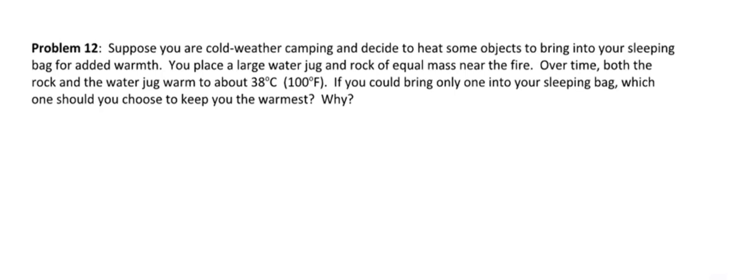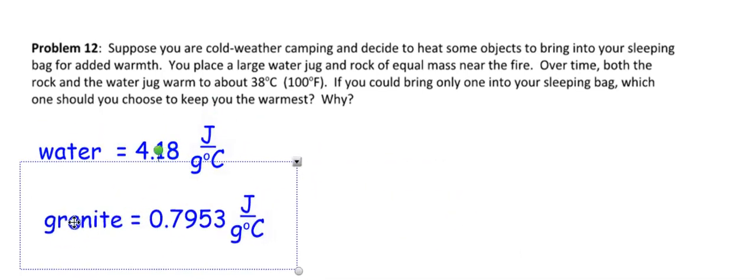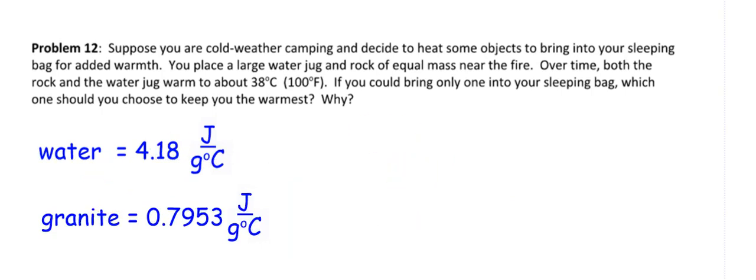What do you think you're going to look at? I think you're going to look at the specific heat capacity, and there you go. So there's water, and then the one you could look up on the chart was granite. Granite's a type of rock, isn't it? So, I mean, if you picked a different rock, it's probably going to have a very similar heat capacity. So which one, based on these two heat capacities, would you take and put in your sleeping bag?